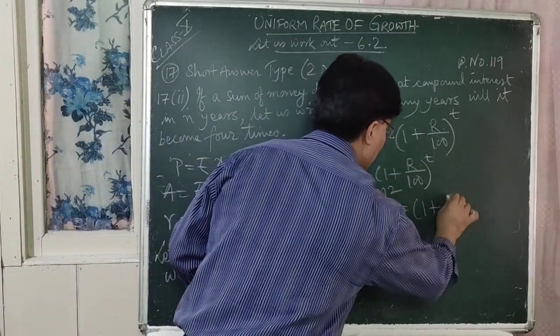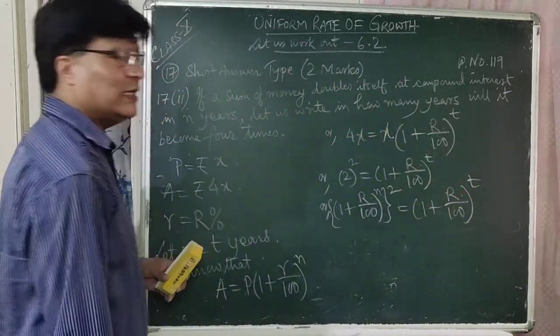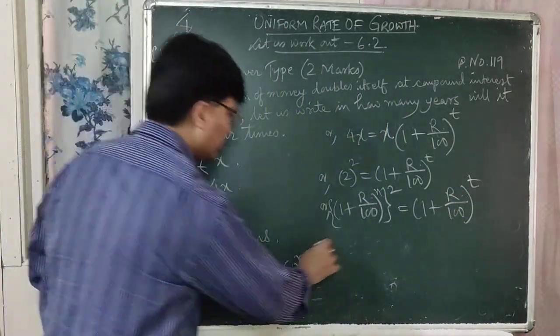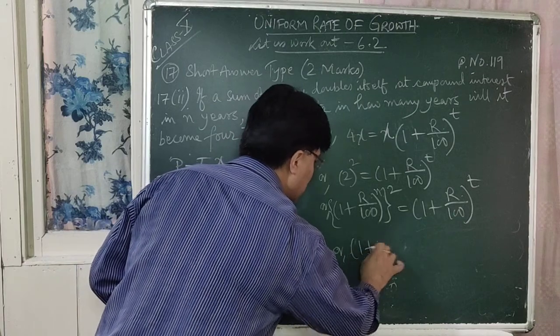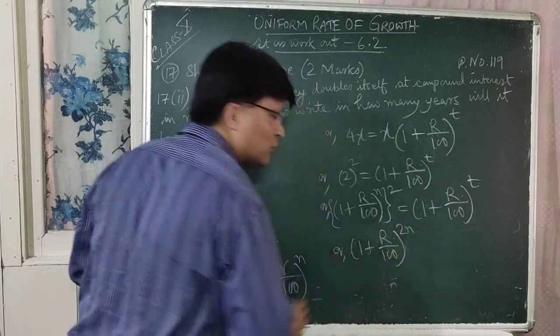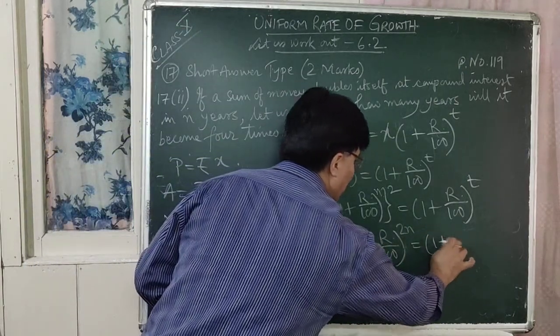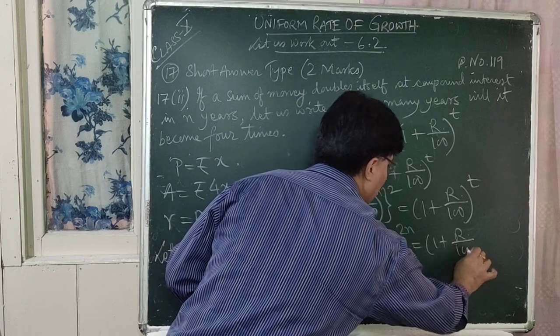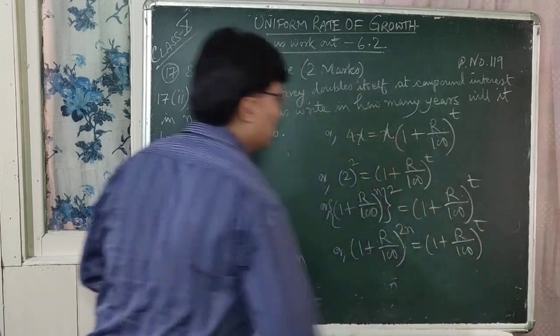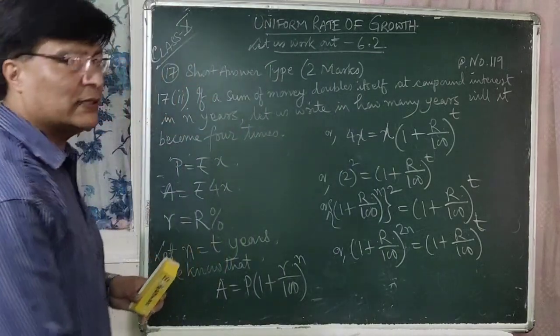It remains the same, 1 plus R upon 100 whole to the power t. Or 1 plus R upon 100 whole to the power 2n is equal to 1 plus R upon 100 whole to the power t. This is your t, right?